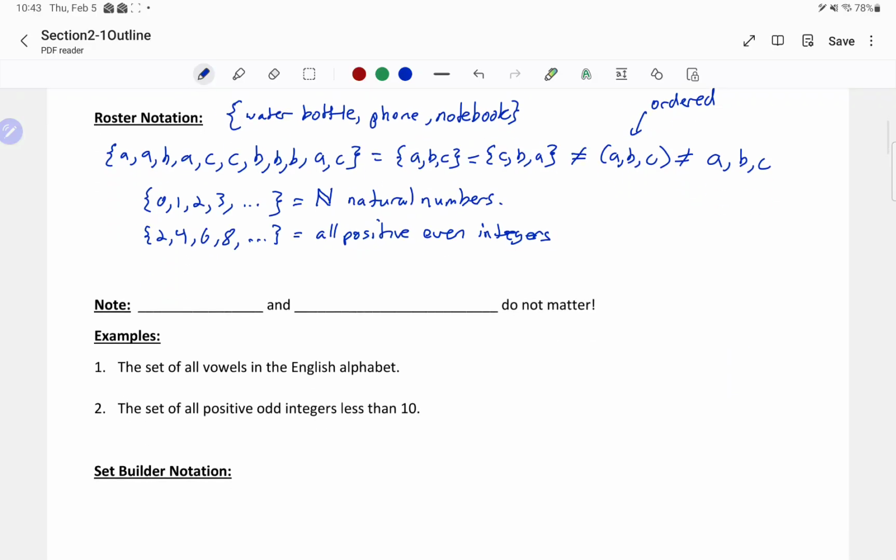Okay, so again, looking here, order and repetition do not matter. It doesn't matter what order you write the elements in. It doesn't matter if you repeat the elements. You get the same set.